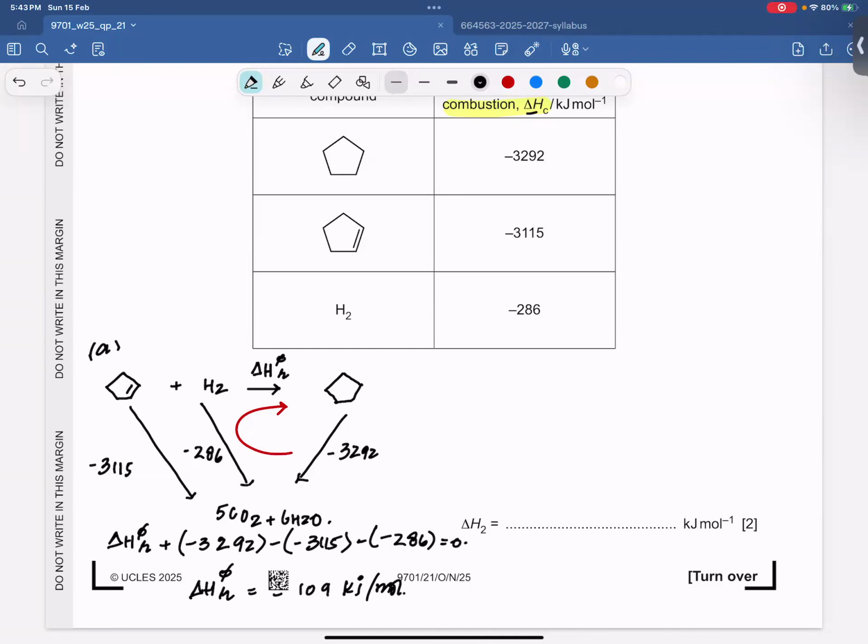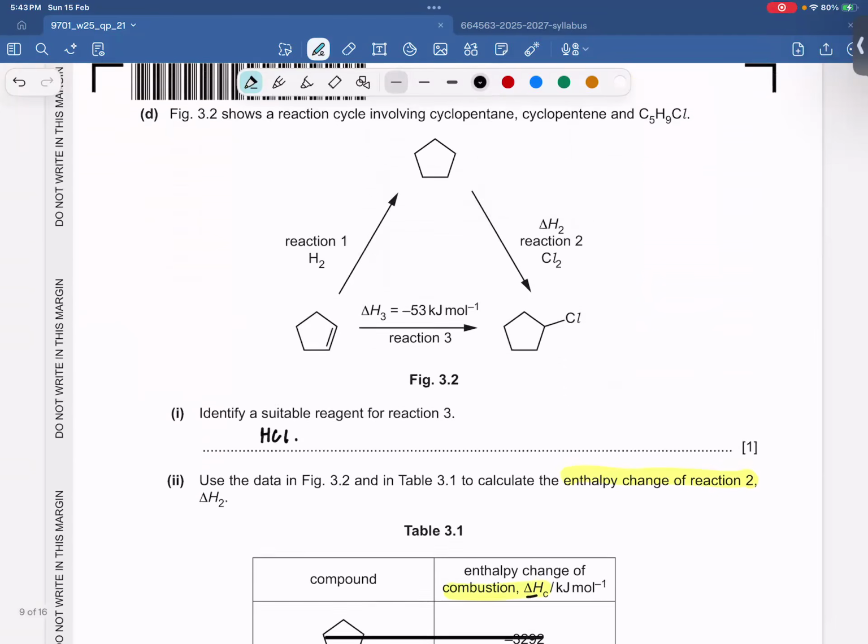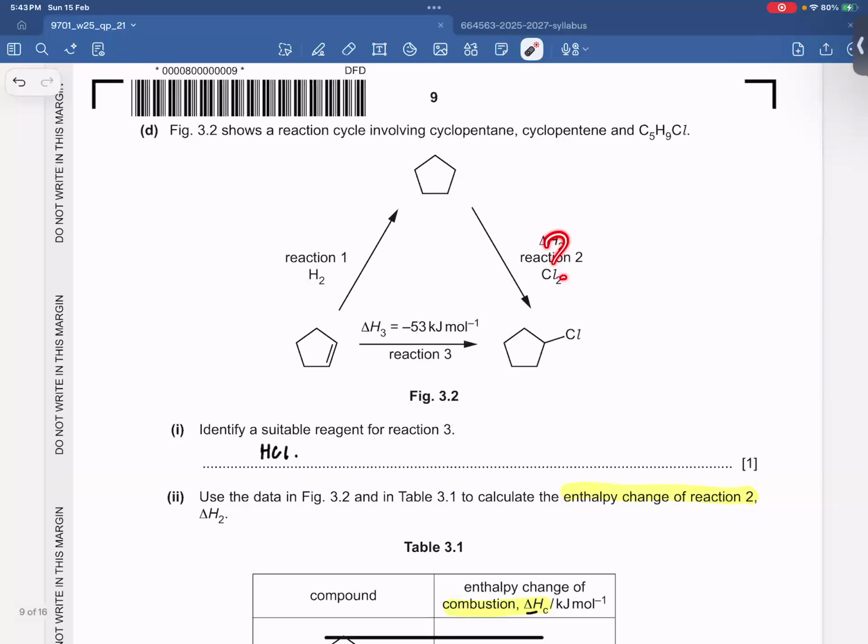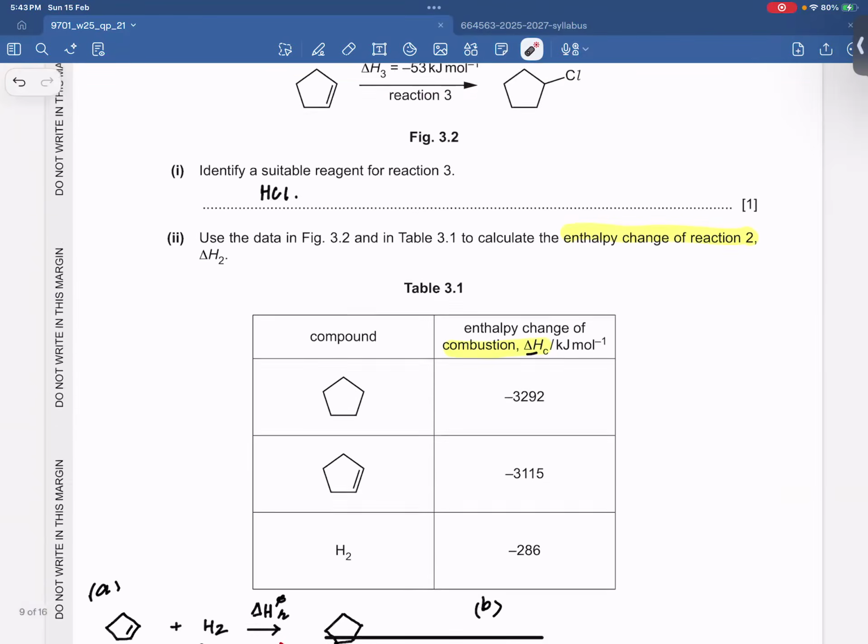Now the second part of the question: the examiner is looking for the value of this delta H2. We have calculated this value, we know the value of this, and we need to find the value. Whether the reaction takes place in one step or more than one step, the total amount of energy is the same, which is why we need to apply Hess's law on this thermochemical cycle.